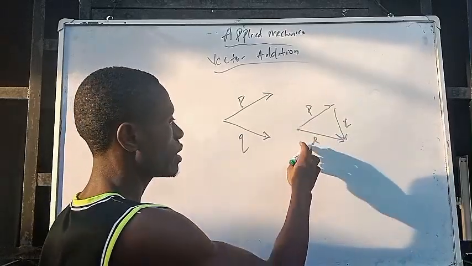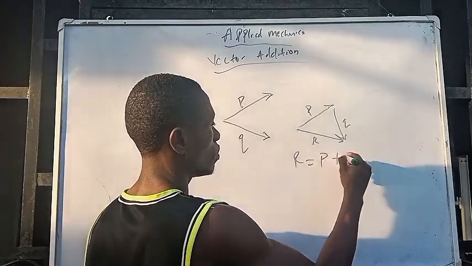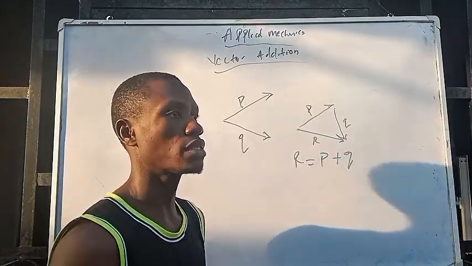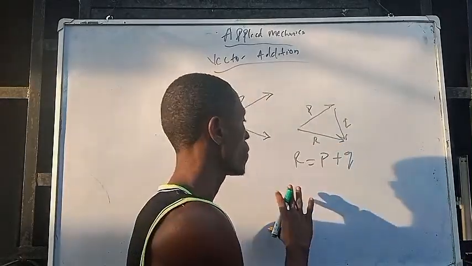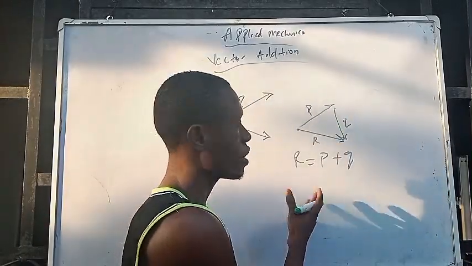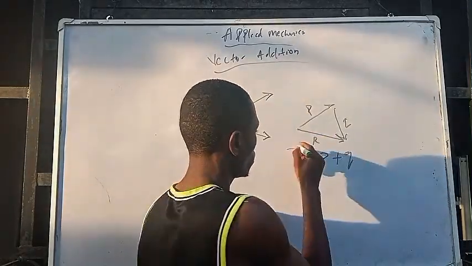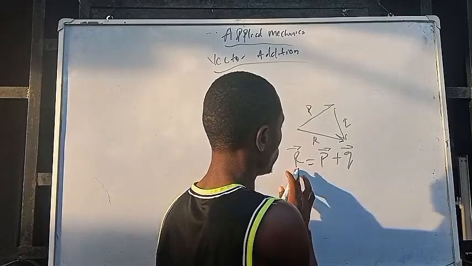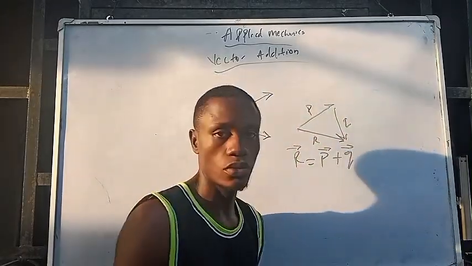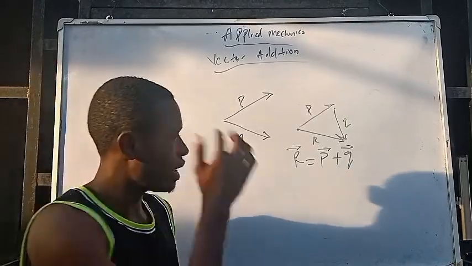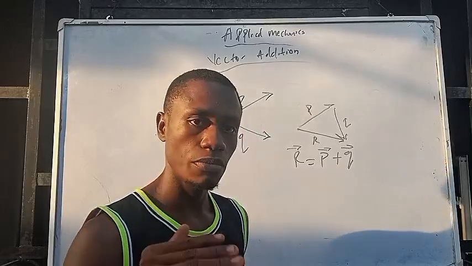This is R. So to get R, we basically do R is equal to vector P plus vector Q. This is the way we can find the resultant of a vector using the triangle rule. Take note of that. Apply it, put it in your box.